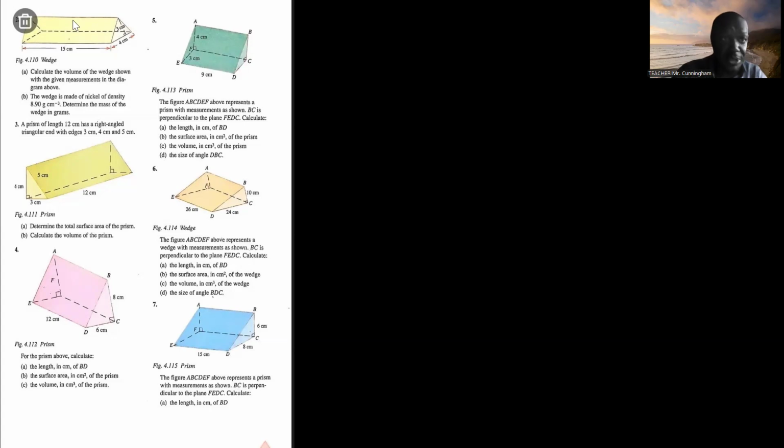So let's do this. Now look at question 4. All right, take your phones and if you have to open the screen a little so you could see. Look at question 4.